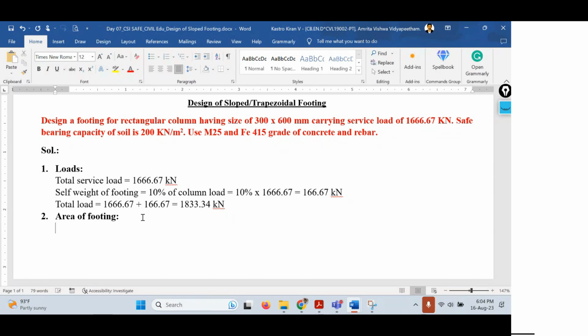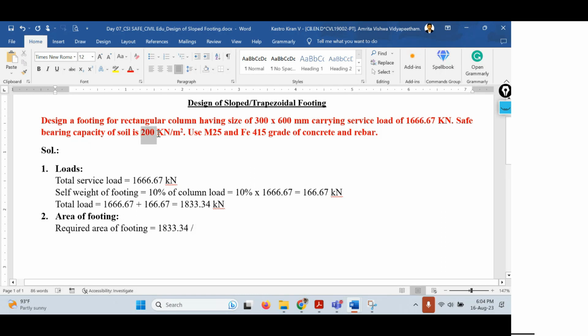So the required area of footing equals total load, that is 1833.34, divided by SBC of soil. What is SBC of soil? It is already given in the problem, which is 200. So 1833.34 divided by 200 will give us the value of 9.1667 square meters. This is the total area of footing.